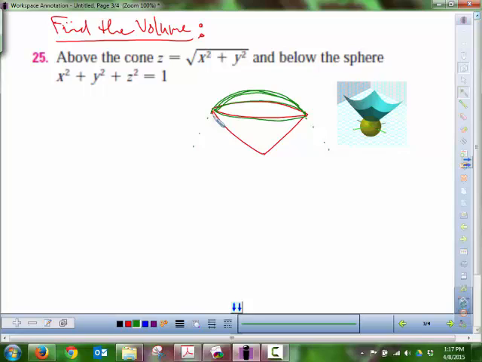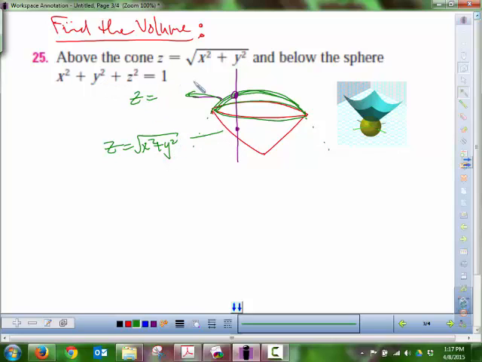Right? So what I would be interested in, if I were to think about this as a double integral problem, I want to know which one is my lower and upper surfaces so that I can subtract one from the other. And so I would probably want to rewrite these surfaces as z is equal to, well, the cone's already z is equal to the square root of x squared plus y squared.